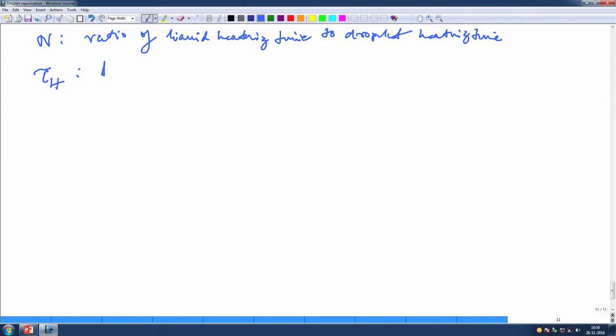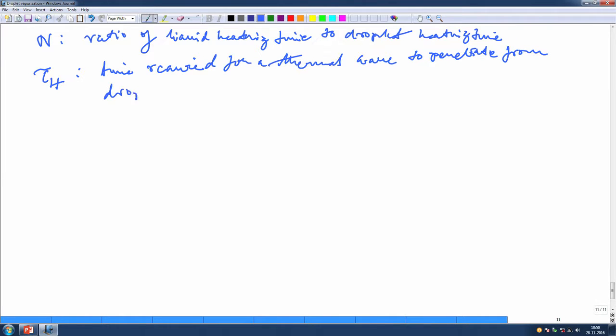So, it is the time required for a thermal wave to penetrate from droplet surface to droplet center. Okay.